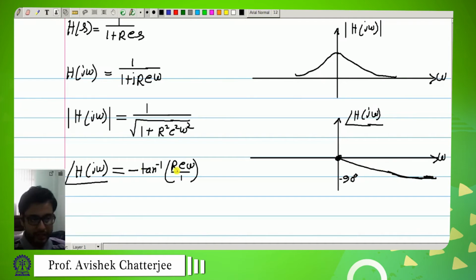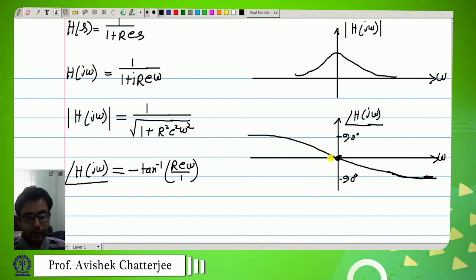Okay, and in the other half, when omega is negative, it will increase like this and go to plus 90 degree. Because at omega minus infinity, this will be minus 90 and then minus sign, so it will become plus 90 degree.